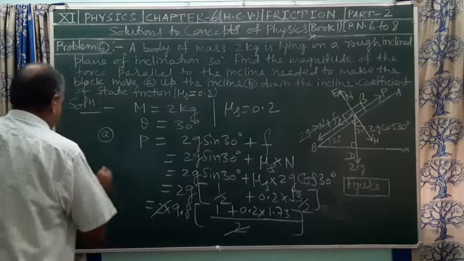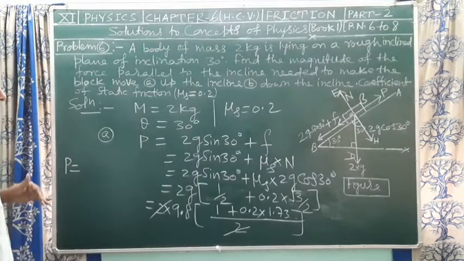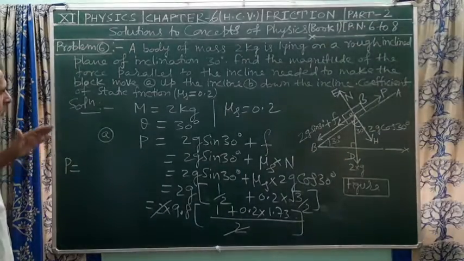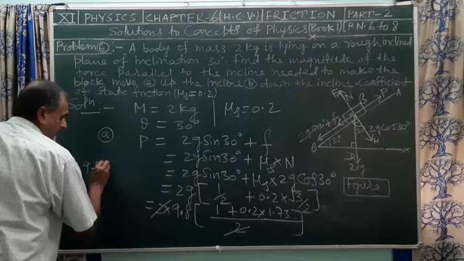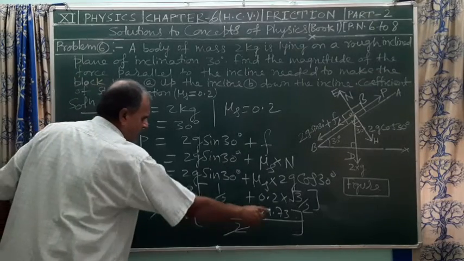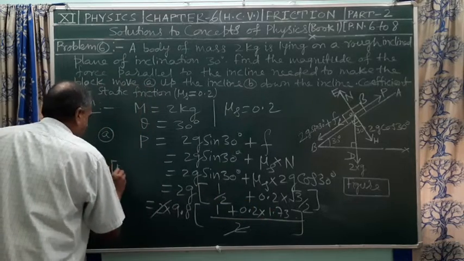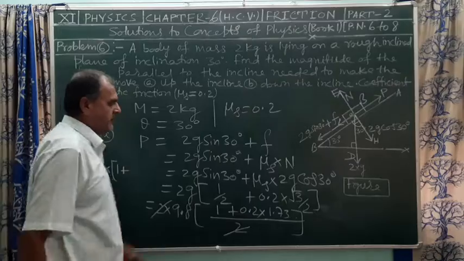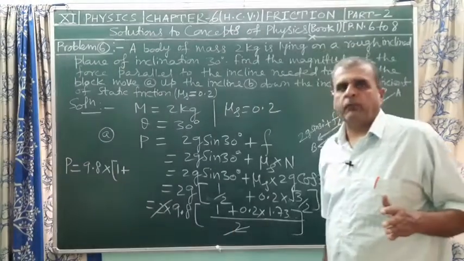So we have P is equal to, that is the magnitude of force needed to make the block move up the incline, P is equal to 9.8 multiplied by under bracket 1 plus 0.2 into 1.73. That is, 0.2 multiplied by 1.73 is 0.346.